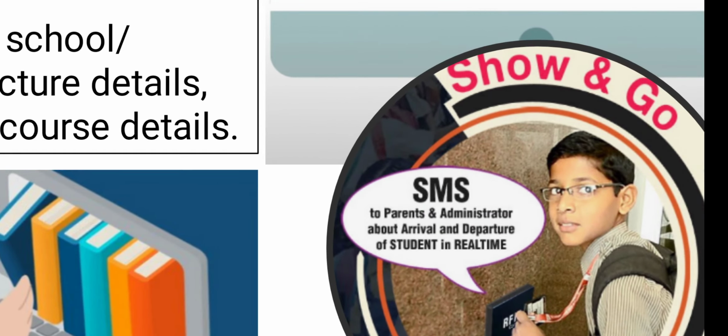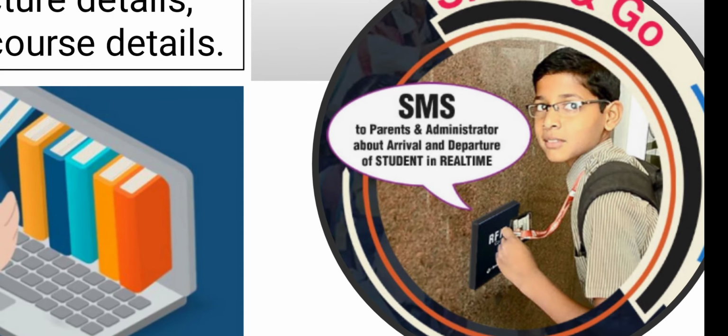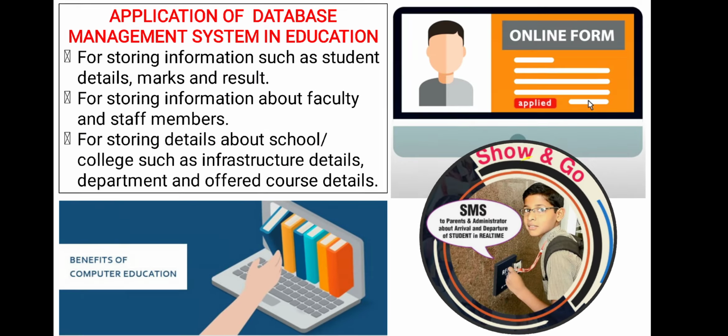This is for security purposes. So whether the student has come to school or not, whether he is present or absent, a text message in the form of SMS will reach the parent, so that the parent will know where the student is exactly located. That is for security purposes.